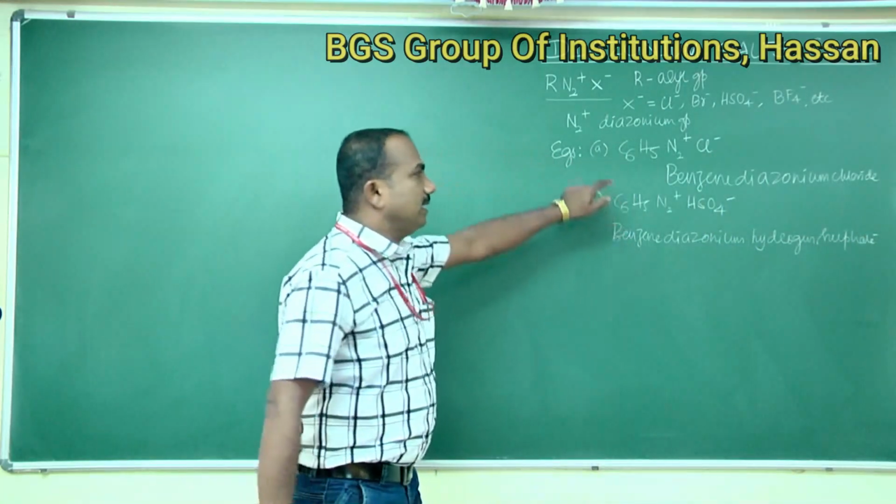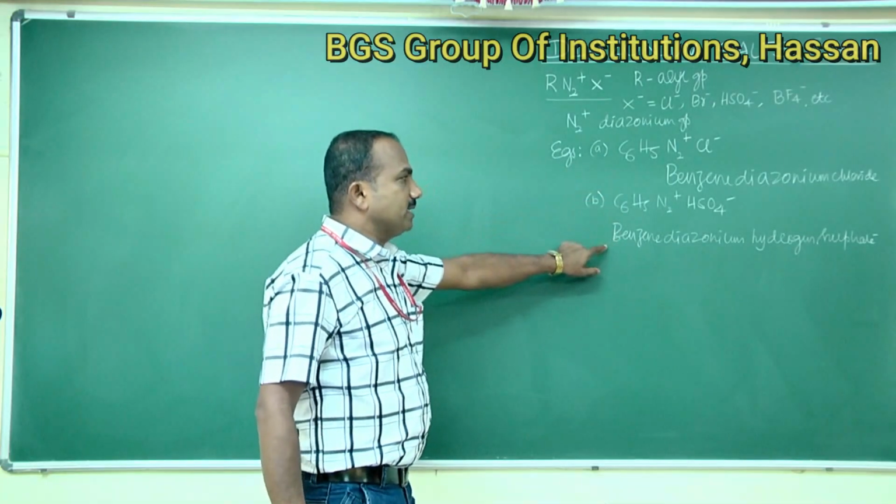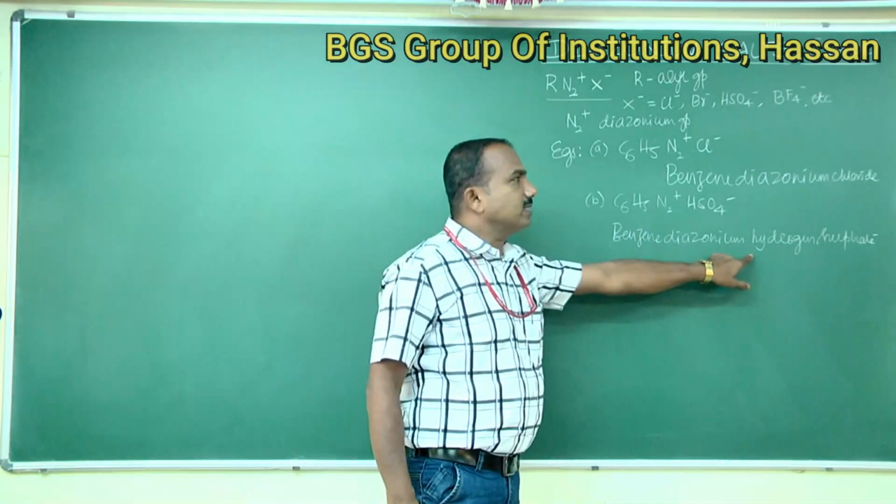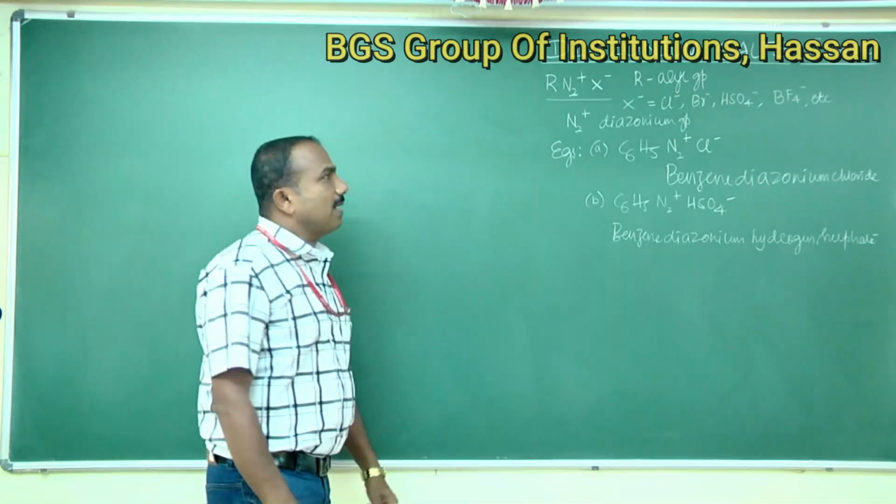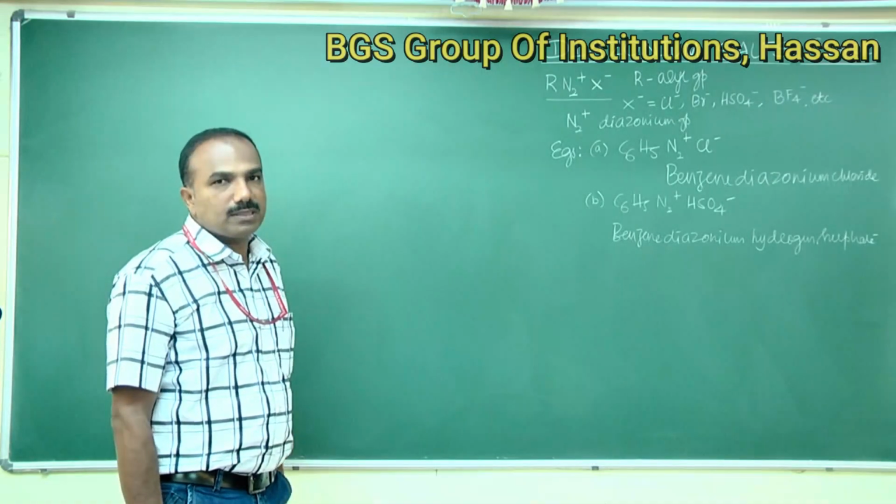So benzene diazonium chloride and benzene diazonium hydrogen sulfate are examples of diazonium salts.